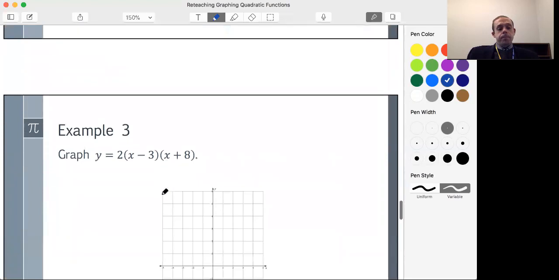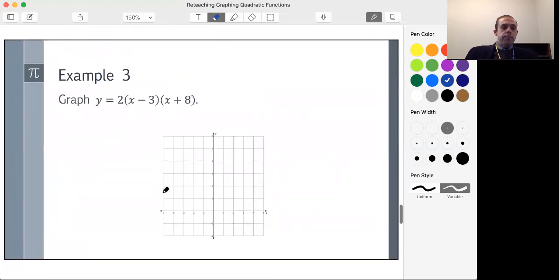Okay. So example 3. So step 1, we know this opens up because A is positive. All right, step 2, x-intercepts. And that's going to be at the point 3, 0, and the point -8, 0. So they're directly from here. So that tells you P is 3 and Q is -8.